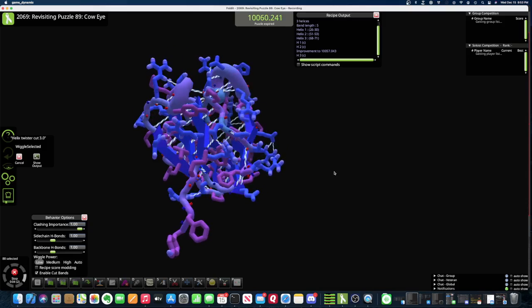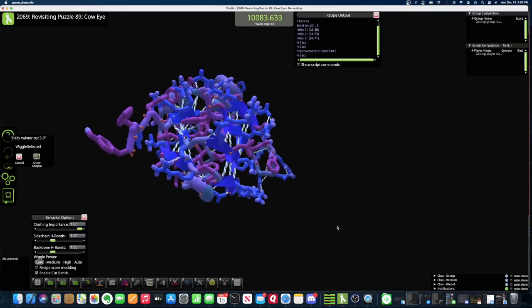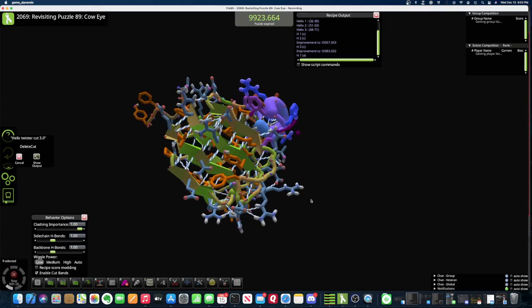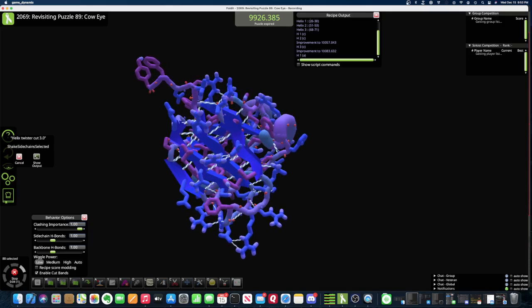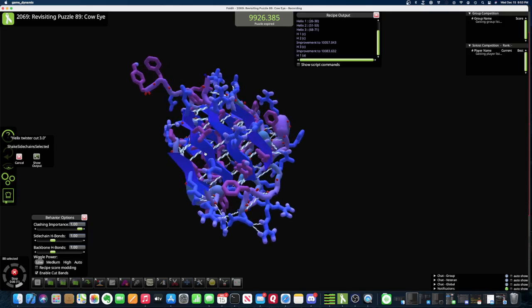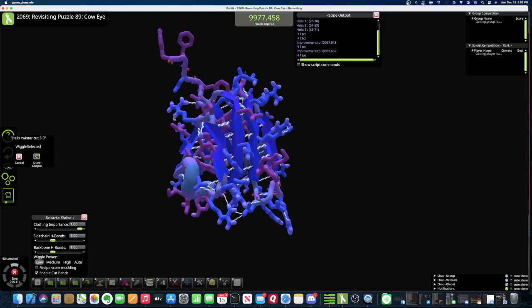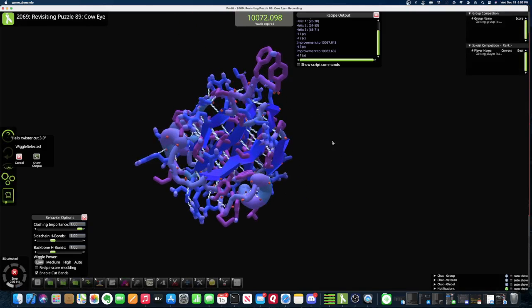So that's looking pretty good. It's pretty tight in there. Things are starting to really get close to one another. All the sheets have good H bonds between them, multiple H bonds, about as many as they can get, I think.